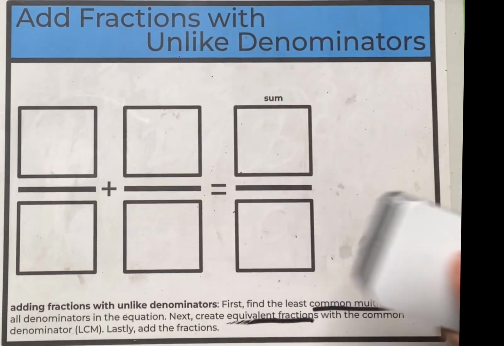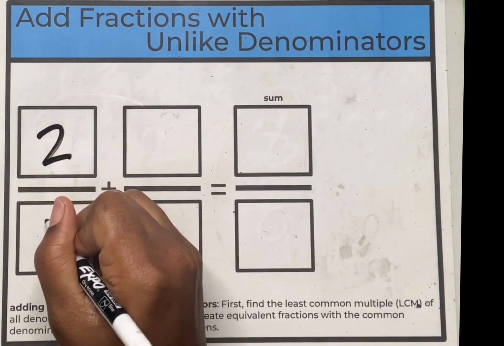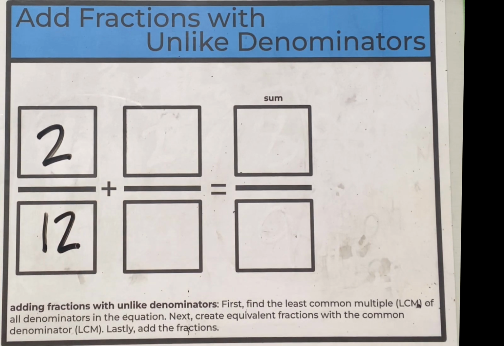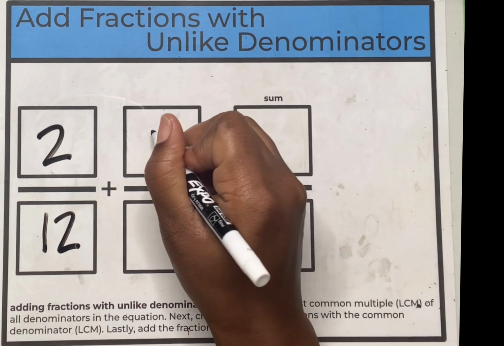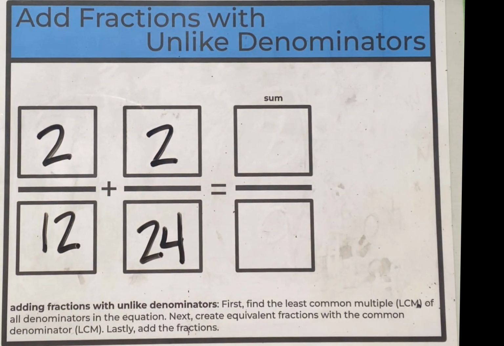Let's try another one. This time, if you think you're ready, pause the video after I write the problem, you solve it, and then play the video to see if you have the correct answer. We have 2/12 plus 2/24.